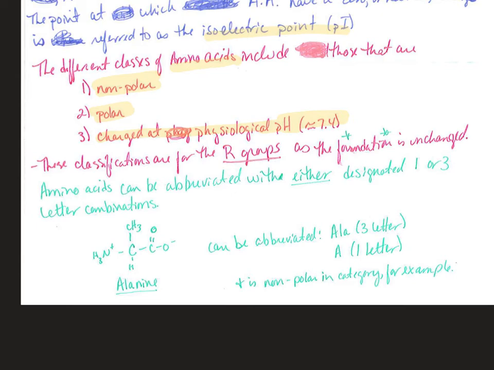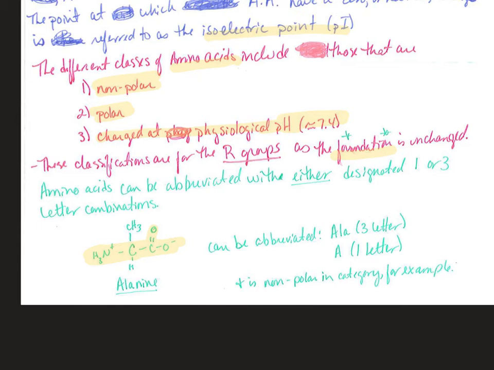And you can see several different types of amino acid classifications that have those three groupings to them. So that is the classification for the R group because the foundation, remember that C with the NH3 and the CO on the other side, that is unchanged. In other words, this guy. So when we have this, and this, and this, these are unchanged no matter which amino acid you have.